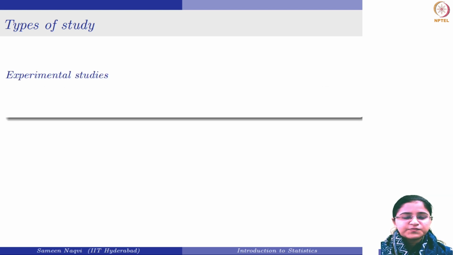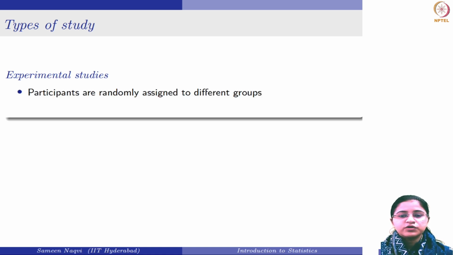So what are experimental studies? These are the second most commonly used studies. In experiments, what we do is we randomly assign participants to different groups. Note that randomization is the key to the success of experiments, because when you are assigning participants randomly, your confounding variables also will be distributed across both the groups.